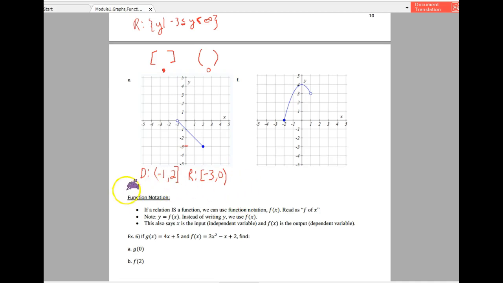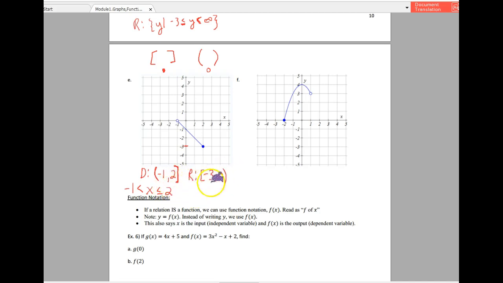If I had to write this in set builder notation, I'm just going to write the inequality part, but it'd be from the furthest left, so -1, less than, because it was a parenthesis, x, less than or equal to, because it's a bracket, 2.